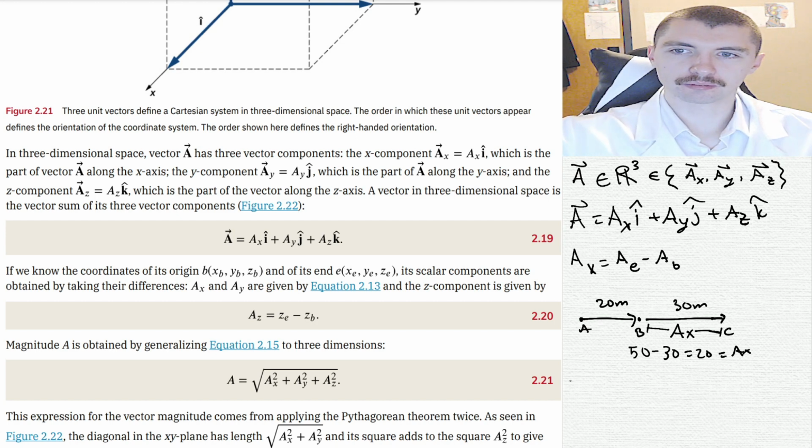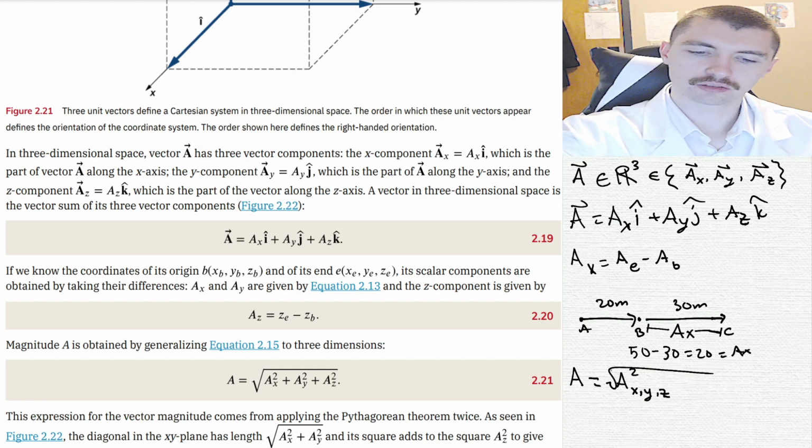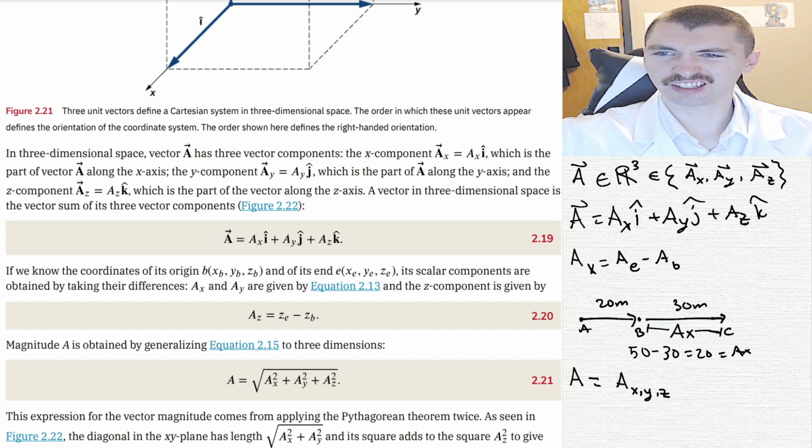So the magnitude of A is the square root of AX, AY, AZ squared.